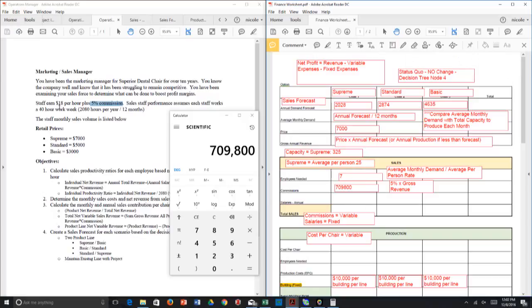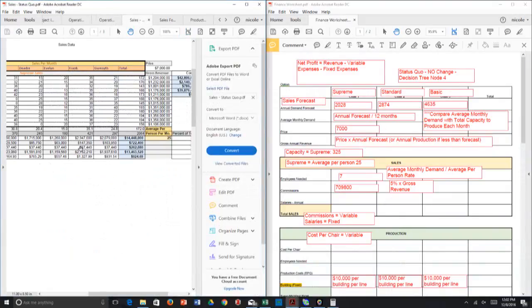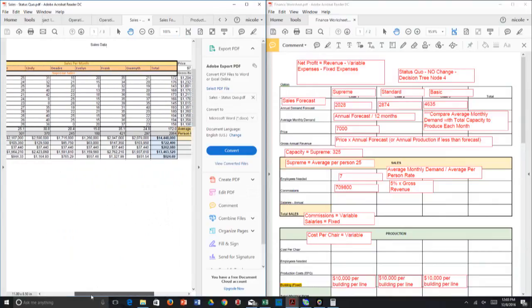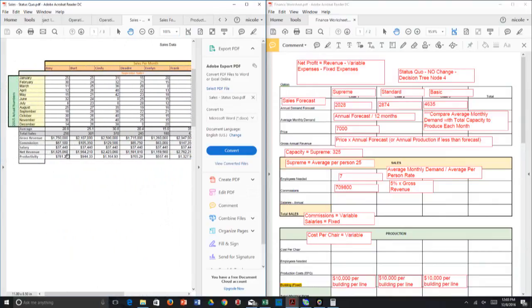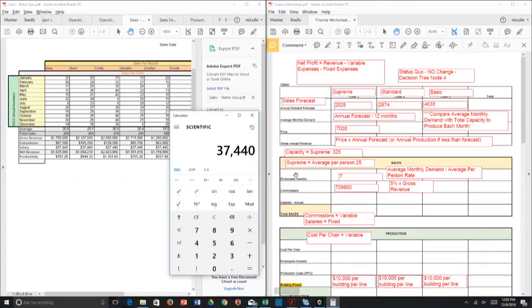Now our salaries, they earn $18 per hour and work 2,080 hours per year. So $37,440 per person. And if you remember, we also identified that same number here, $37,440 from our initial sales information.